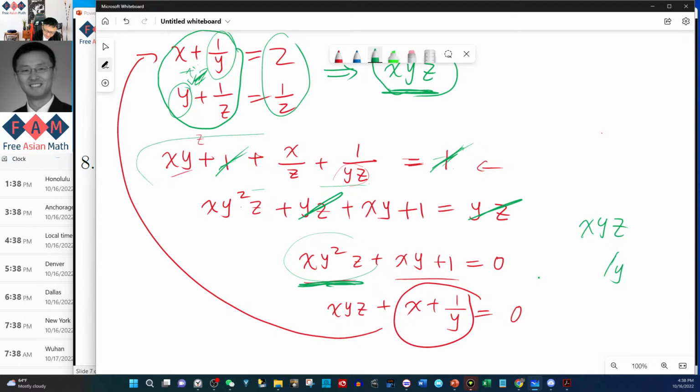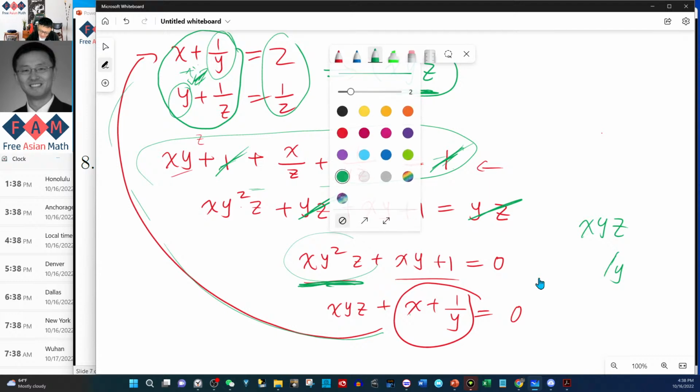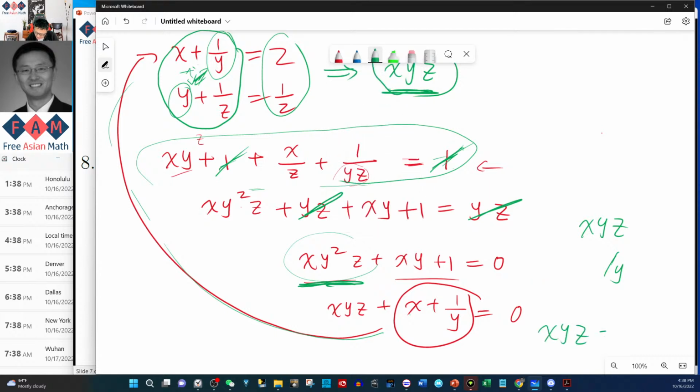And for this one, you just multiply both sides by z, not yz. When you multiply this by z, you get xyz plus z cancel out plus x, this plus 1 over y. And this one is already given to you. This is 2. Therefore, xyz is nothing but negative 2.